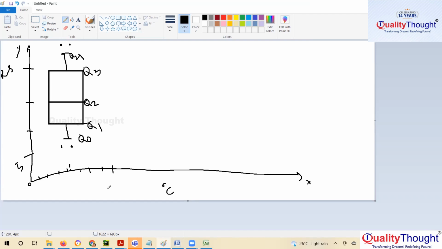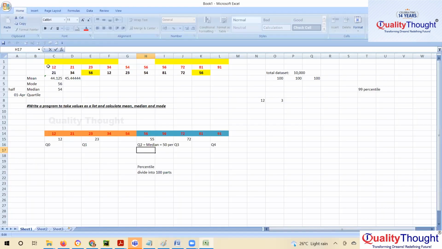Generally, let's say you have numbers here, evenly spaced: 12, 21, 23, 34, 54, 56, 70, 80, 91. In this case, 91 doesn't look like an outlier because the data set is almost continuous.